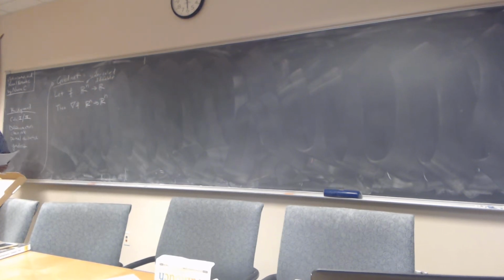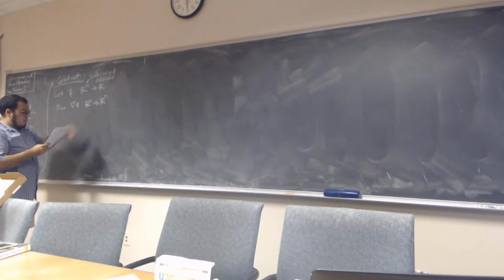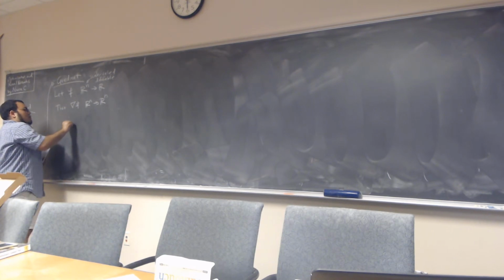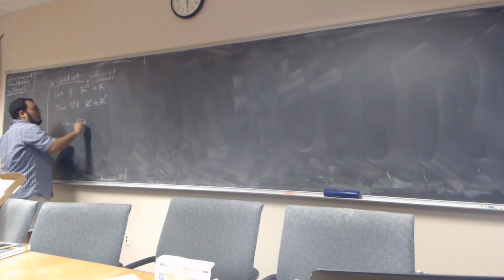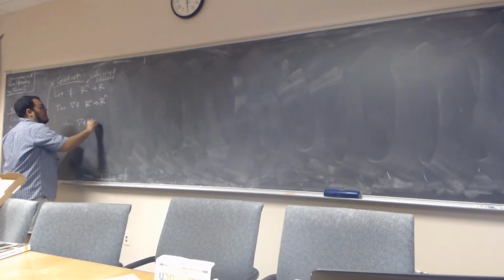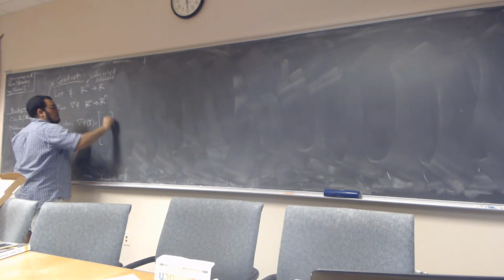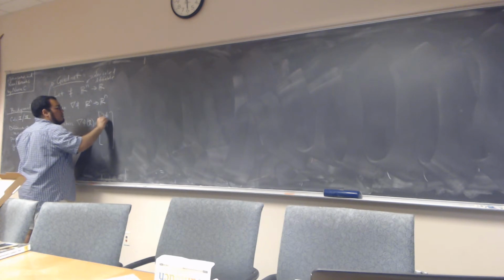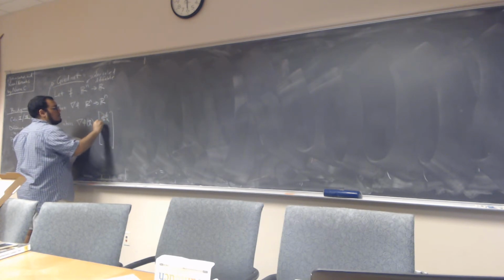So the gradient is a map from Rn to Rn, where the gradient at a point x is the vector of its partial derivatives.